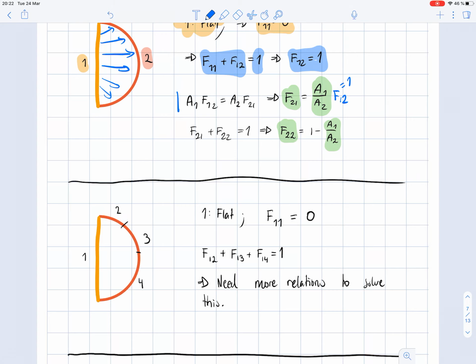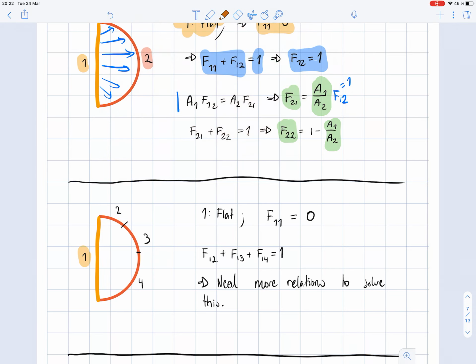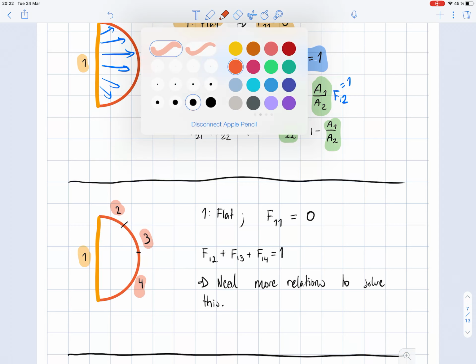Another example, here we have again our flat surface, but now we have separated our hemisphere or cylinder into 3 different parts. Surface number 1 is still flat, evidently.